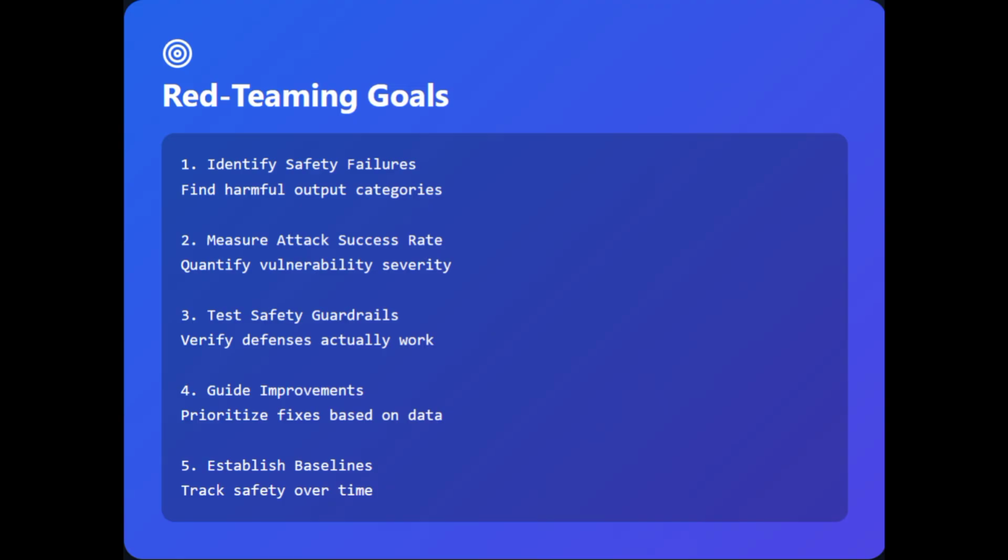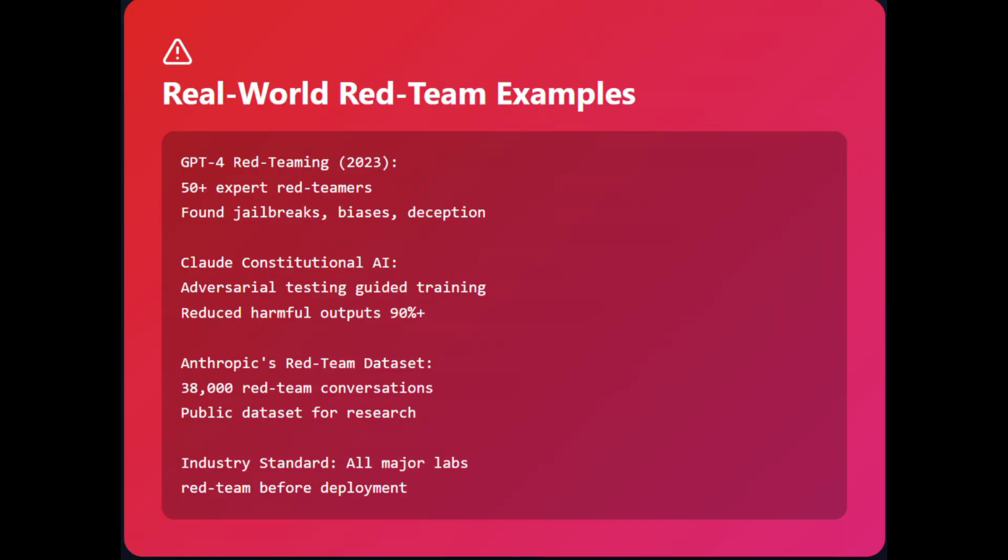This isn't just the theoretical part. Let me give you some real examples. First, GPT-4's red team found jailbreaks that OpenAI patched before the release. Anthropic's conversational AI approach was guided by extensive red teaming, reducing harmful outputs by over 90%.